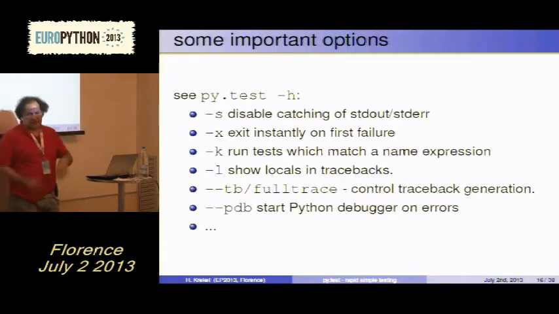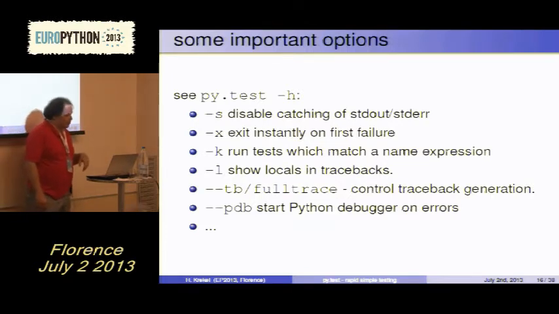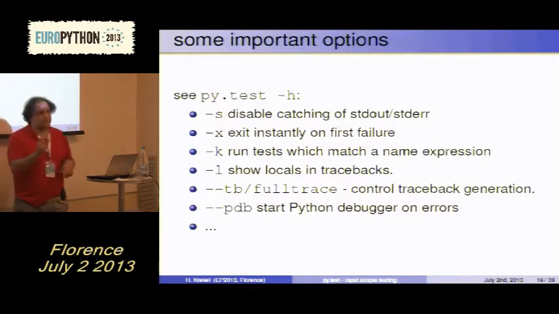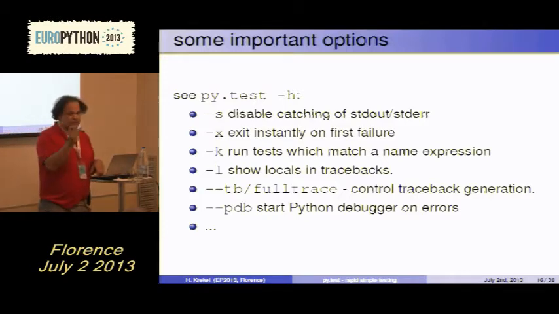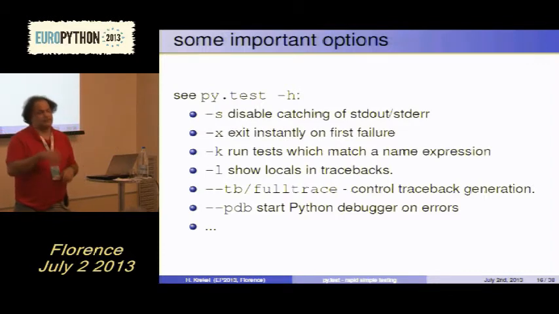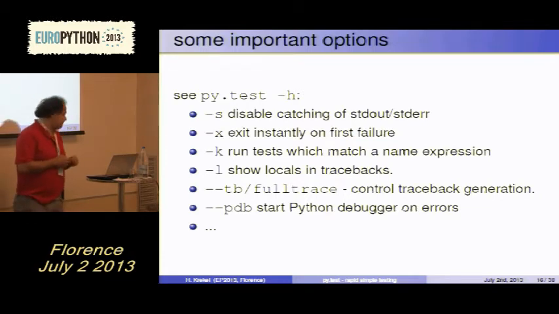I want to see everything just as it goes. With -x, you can say, please exit instantly if there's a failure. With -k, you can say, I know a subpart of the function name. So I just say pytest -k database, and then every test that has a database name in it will be run, and so on. So there's lots of options.